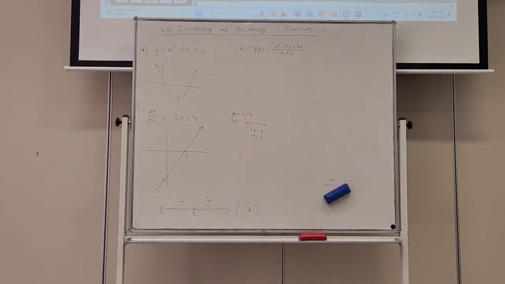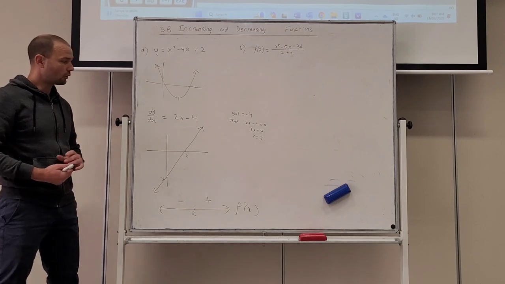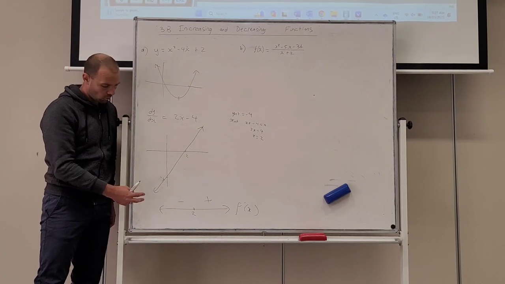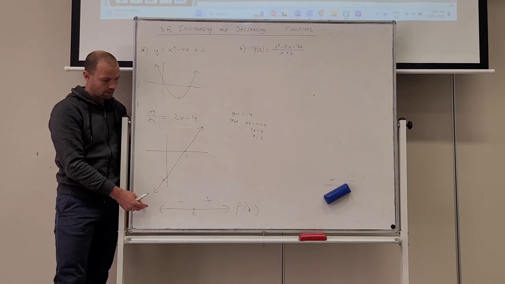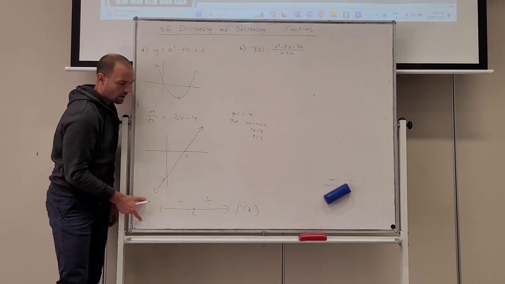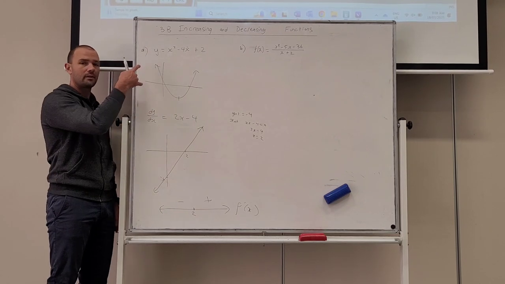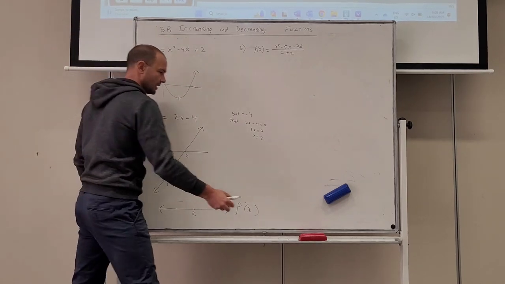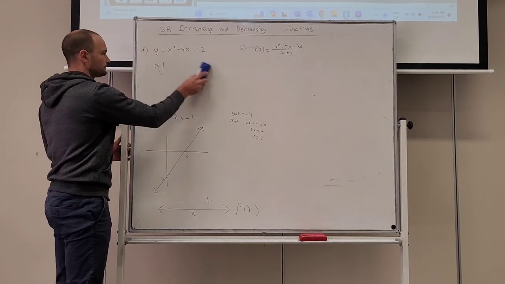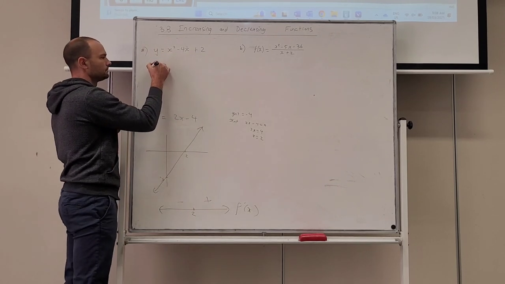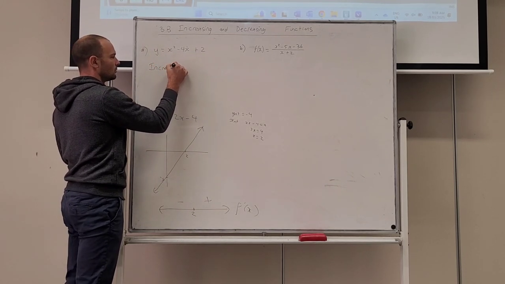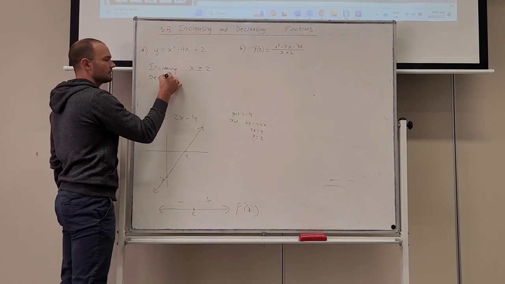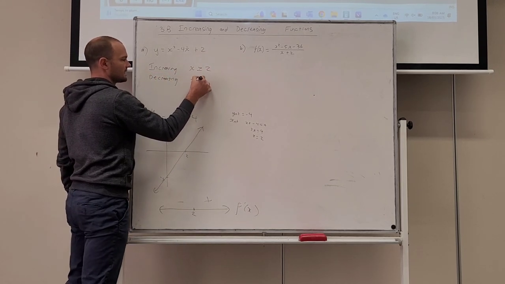So what we're doing in this exercise is using calculus techniques. We're finding the derivative function, drawing the derivative function's sign diagram, and we use this sign diagram to make statements about the original function. The statement we're going to make about this original function is, let's erase it, increasing when x is larger than 2, decreasing when x is less than 2.